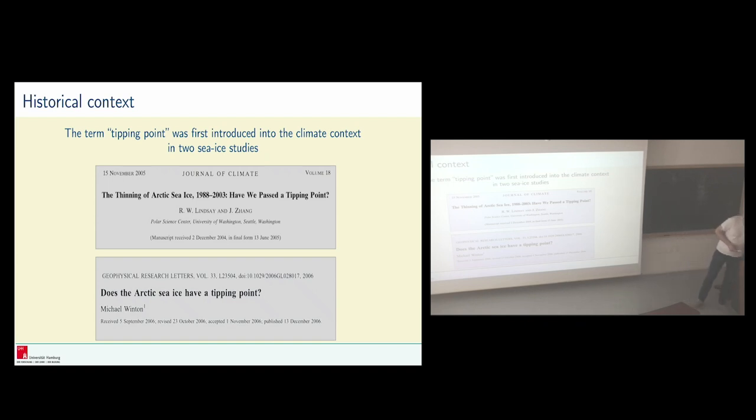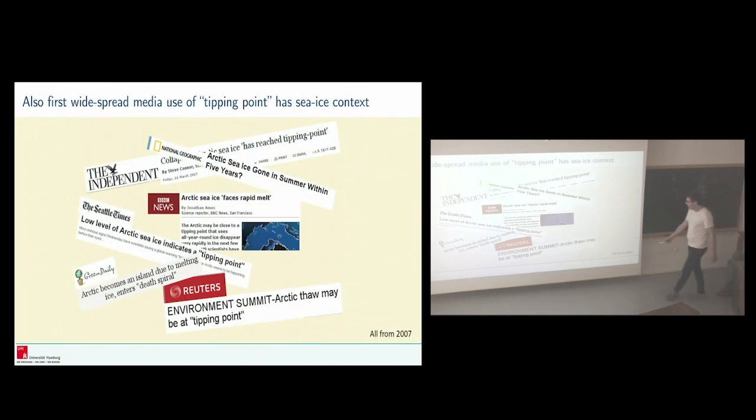And also, in terms of public awareness of the term tipping point, the first large-scale coverage of this term is from 2007, when we saw a rapid decrease in Arctic sea ice. And so there was this public coverage of whether Arctic sea ice had crossed a tipping point. So the history of the term tipping point is fairly closely related to sea ice.